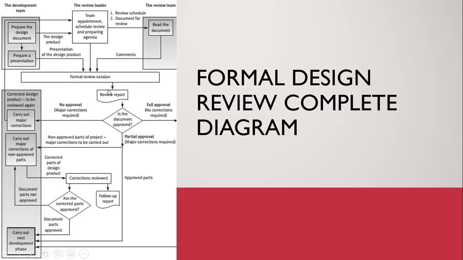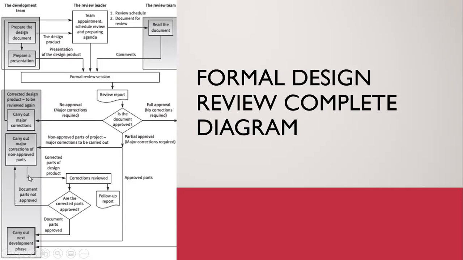But the full process is not complete yet. In the review report, the question is whether the document is approved. If the document is approved, it moves toward the right side and directly goes to carrying out the next development phase. If not approved, it moves toward the left side, to the major changes.